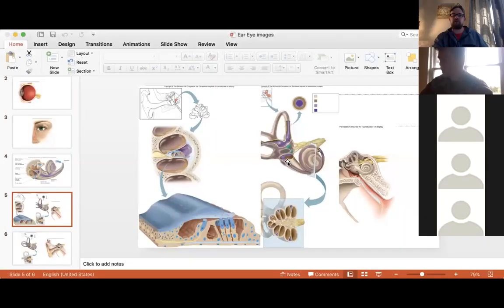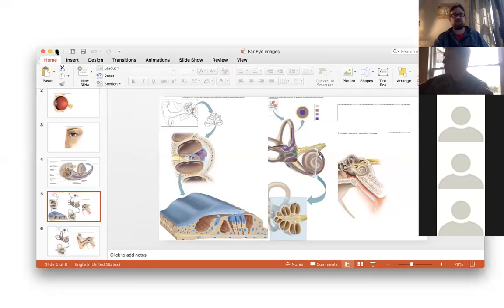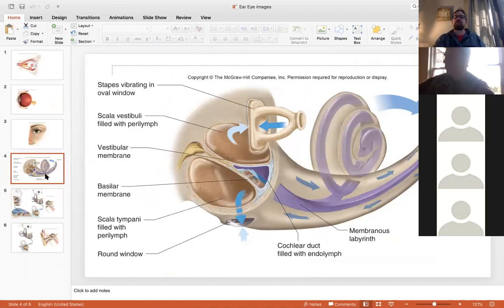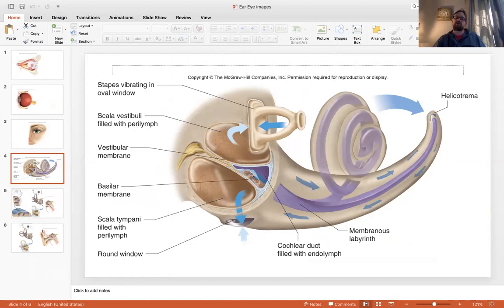So please be sure to check out that PowerPoint while you're looking at the other images. What I want to show you here is what the cochlea looks like when it's unwound. I'm sorry if this image is a little confusing. This is actually the same structure with 2 different views.